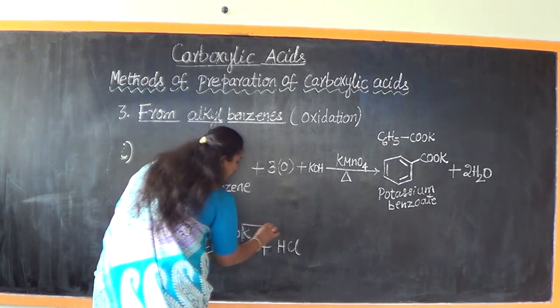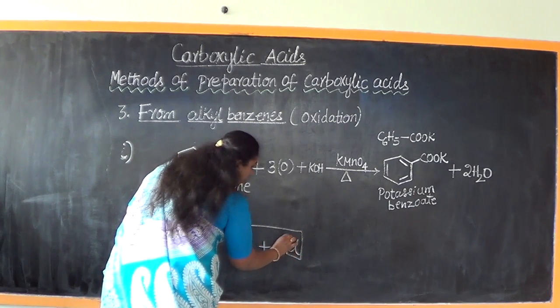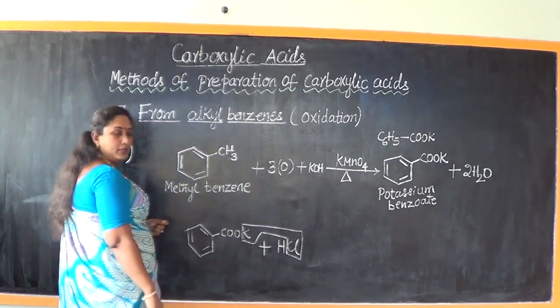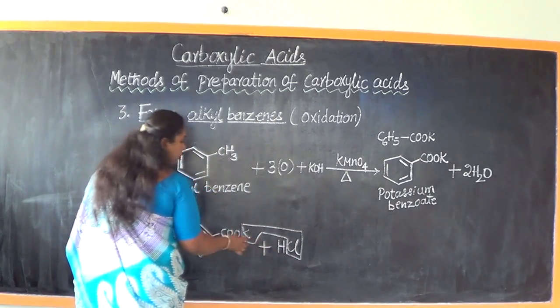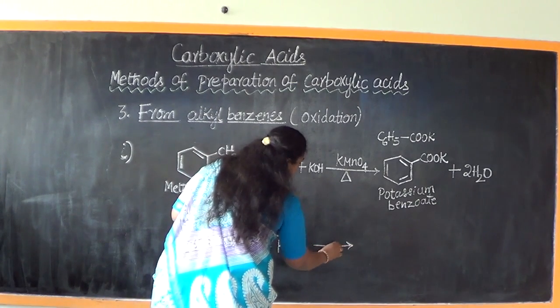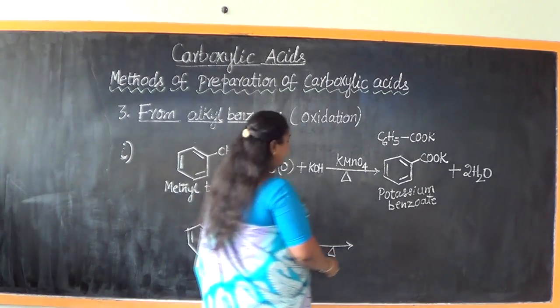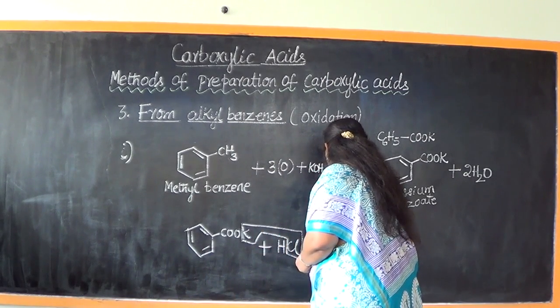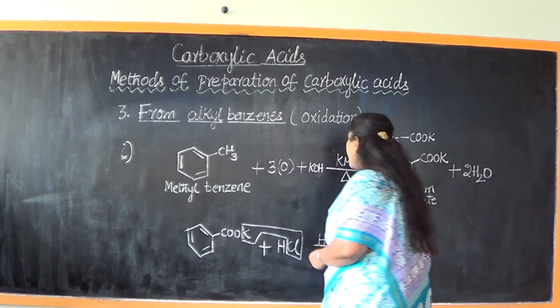This potassium will combine with Cl of HCl, comes out as KCl, and H will take the place of K. So this happens upon heating, and this is subjected to acidification.